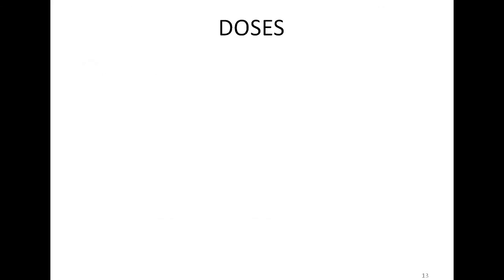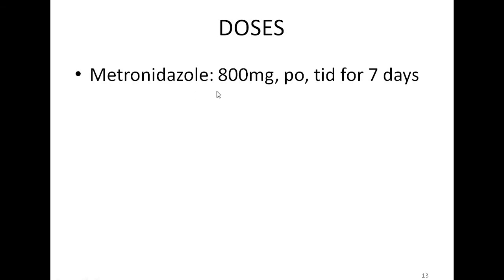Now, the doses are important not only from your prescription writing point of view of your practicals, but also for clinical practice. Metronidazole is administered 800 milligrams per oral 3 times a day for 7 days. Metronidazole is available as 400 milligram tablets. So the prescription, when it is written for amoebiasis, Giardiasis, Trichomoniasis, whatever, is 2 tablets 3 times a day for 7 days.